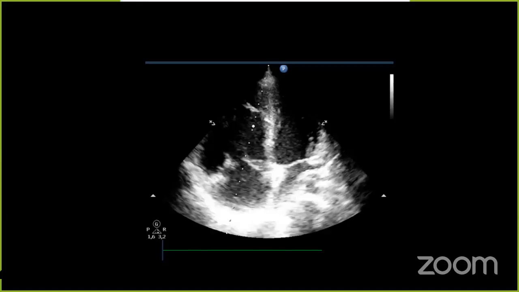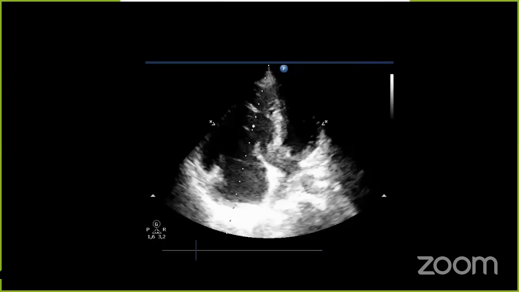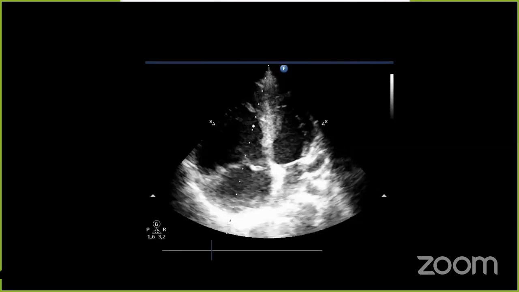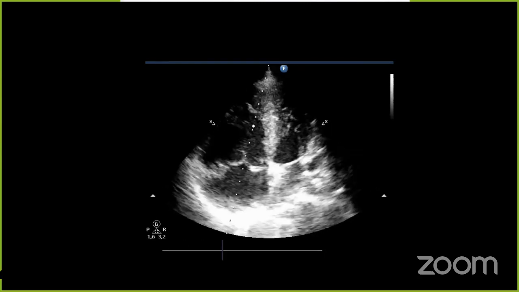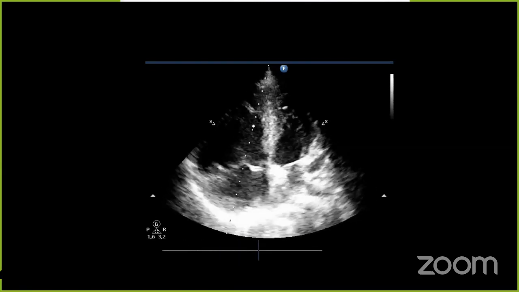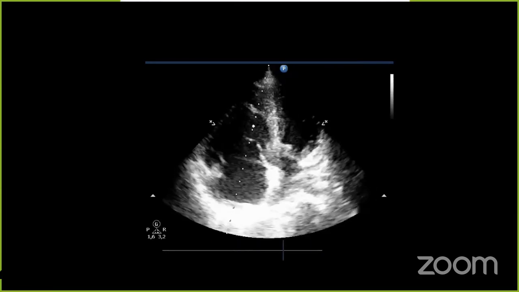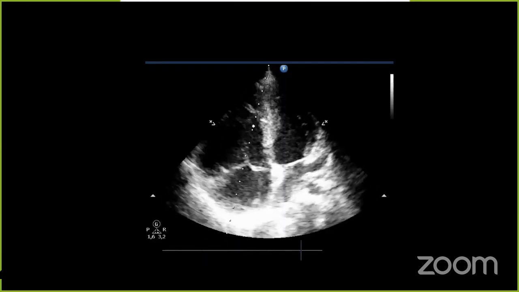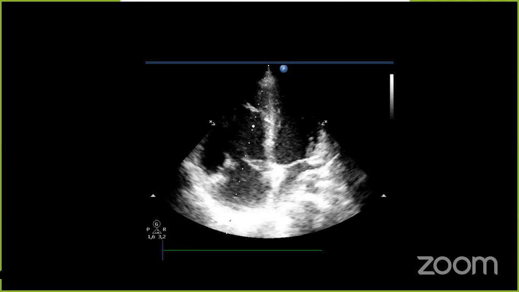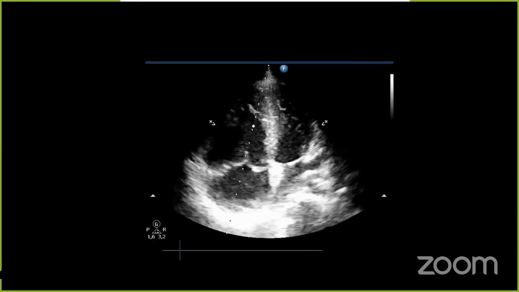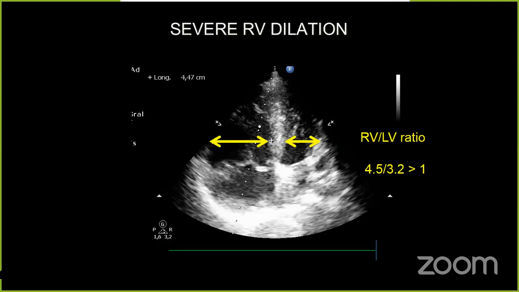So taking a look at morphology is important, because if I look at this picture and I see the right ventricle being bigger than the left ventricle in the immediate postoperative period, with relatively good function, that has to put me in a different diagnostic algorithm. Remember that I told you that the left ventricle is bigger than the right ventricle in a normal scenario. This echo shows a huge right ventricle, so this will be severe RV dilation, which is abnormal.